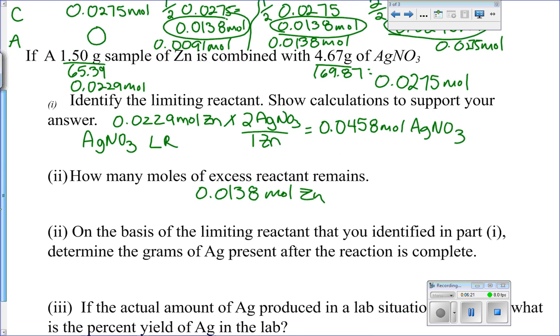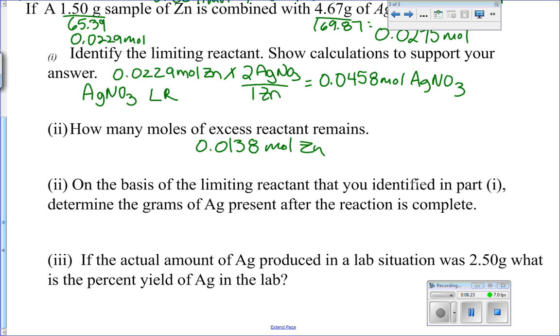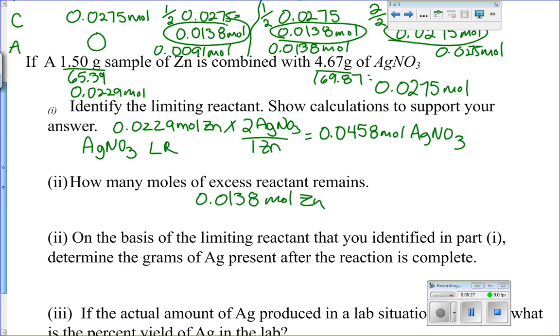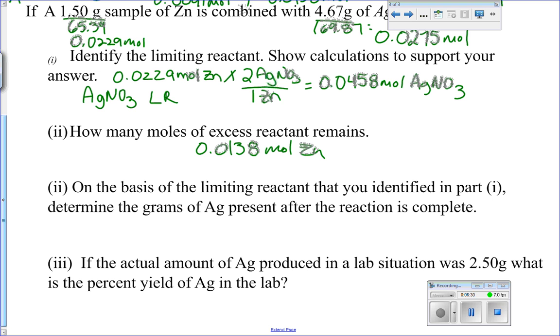And then working down here, it says on the basis of this limiting reactant, determine the grams of silver. Well, real easy, I can see that I have 0.0275 moles of silver from the previous reaction.